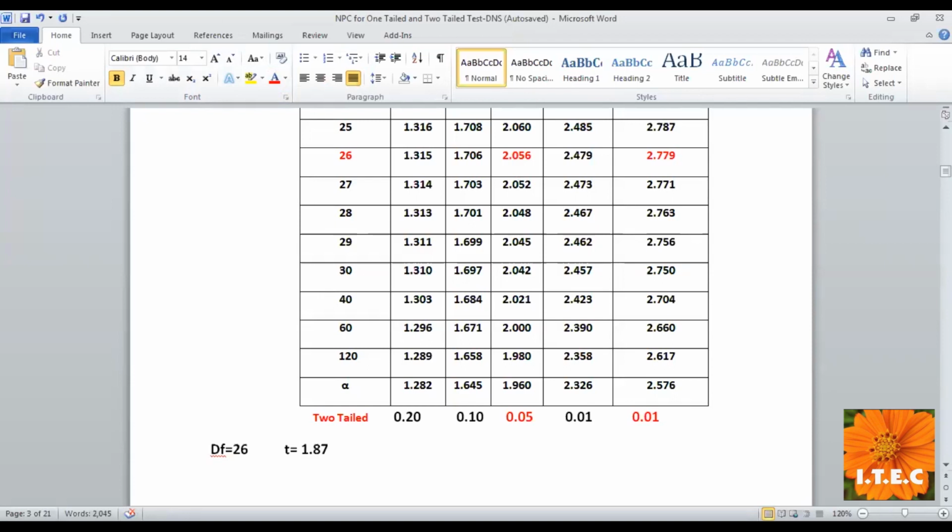Is it significant or is it not significant? Yes. So please see, it is not significant.